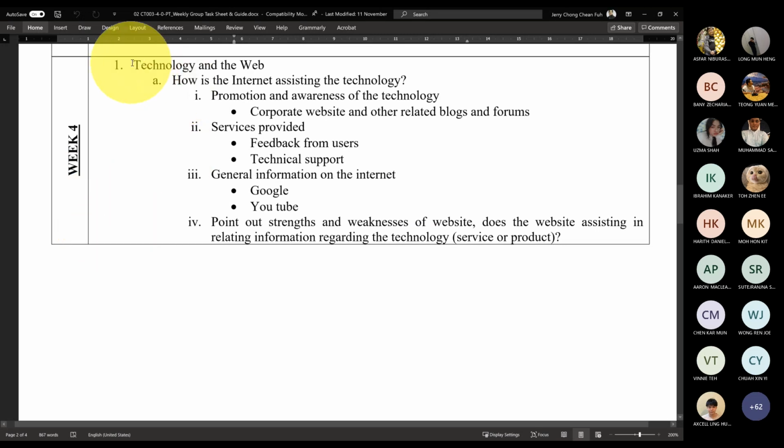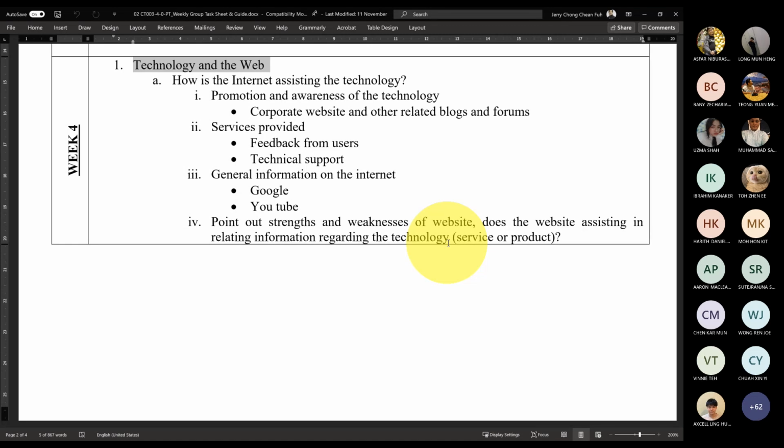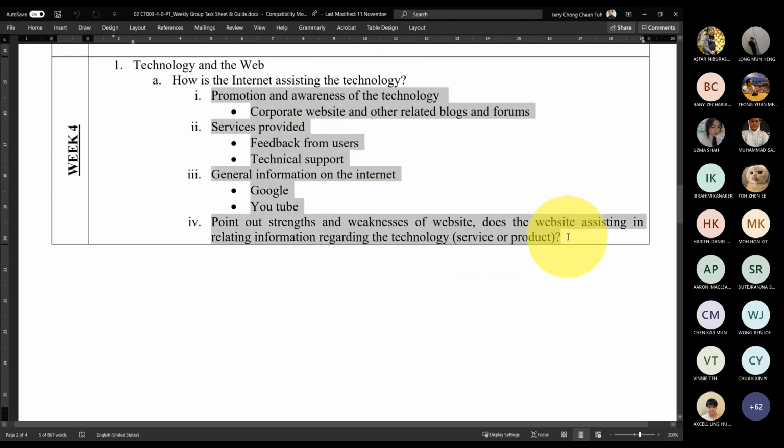So this week is technology and the web. Please understand the connection here is between technology and information related to the technology available on the web, on the internet. So when it says here, how is the internet assisting the technology overall, that is something you need to cover, and there are 4 main items highlighted down here.